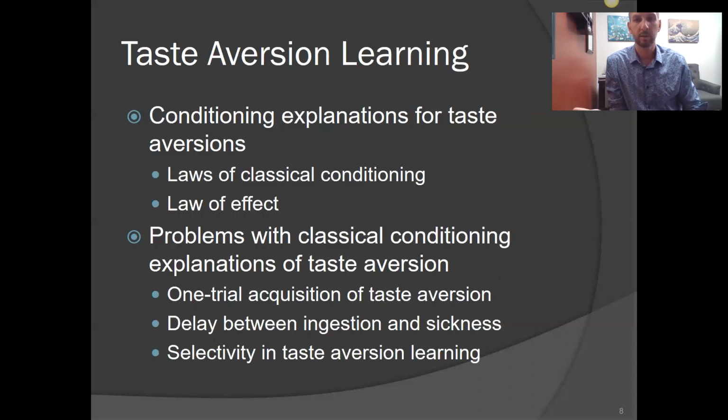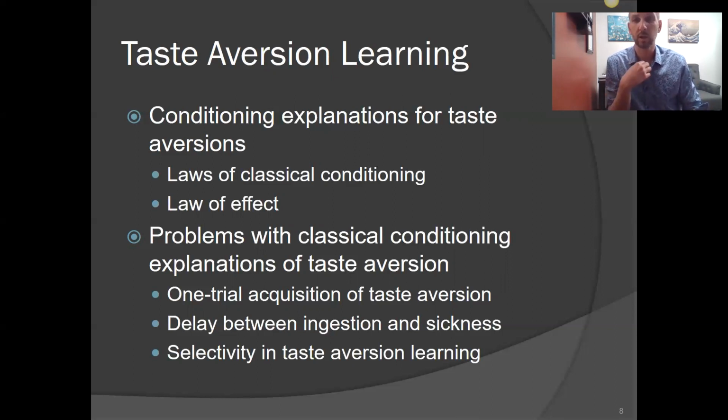And then the second problem is that there's often a delay between ingestion and sickness, right? For the most part, you don't immediately feel sick. You can eat something and feel fine for a few hours, and then after 8 hours, 12 hours, you can develop that food poisoning, and yet you can still go back and connect it to the food that you ate and say, oh, that's what happened, and you develop an aversion to that food.